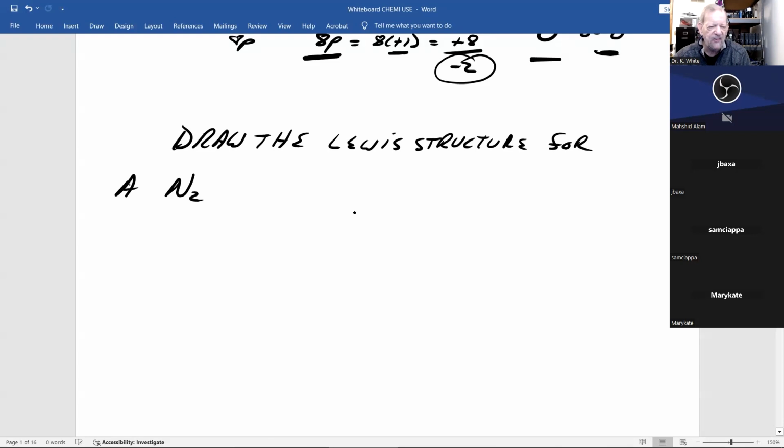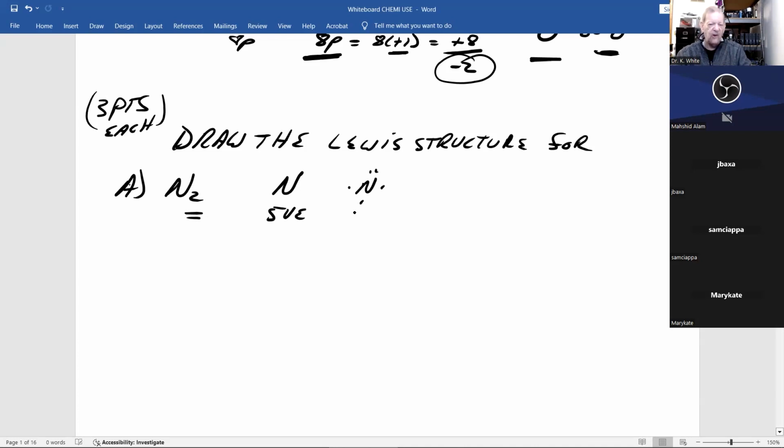And if I were to ask you sometime in the future, 3 points each, draw the Lewis structure for, and the first one, A, is nitrogen gas, N2. Well, first you have to look up how many valence electrons each nitrogen has. And nitrogen has 5 valence electrons.